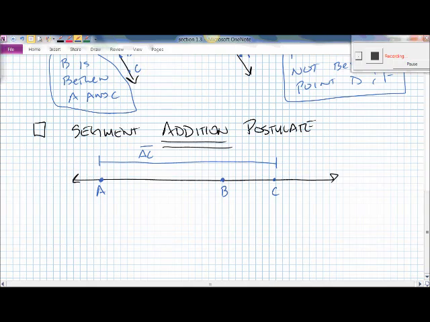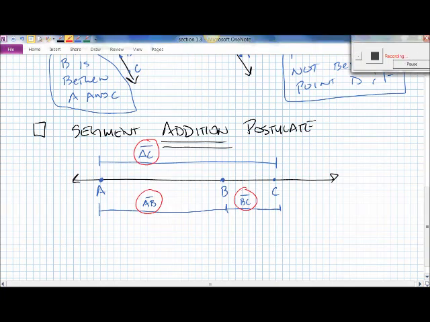Now let's go below here. What would you call this segment right here? AB. Very good. And then to finish it off, what would you call that segment right there? BC. Great. Now, here's the question I have for you: what is the relationship between segment AC and the two segments down below, AB and BC? That is pure genius right there.